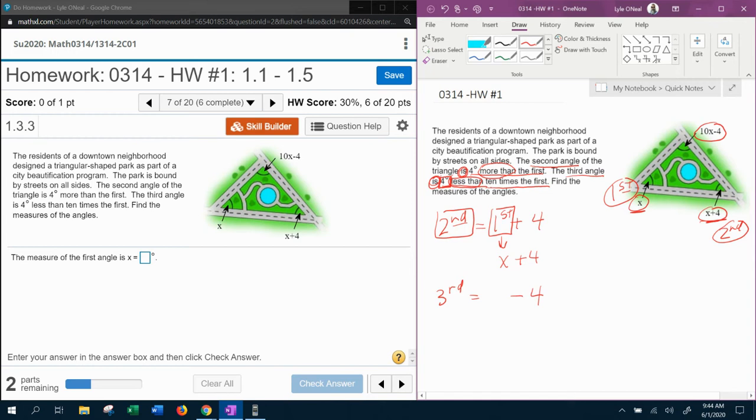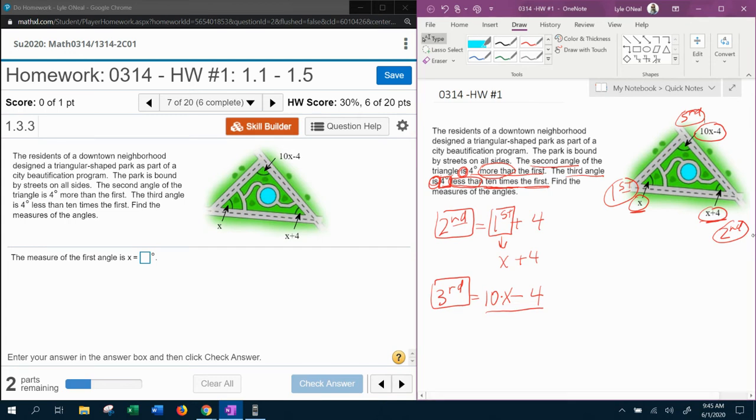In front of the minus is going to be 10 times the first. So that's going to be 10 times the first, and we know the first angle was x. And so that's how they get the third angle to be 10x minus 4. This is the third angle, 10x minus 4. That is how they translate English to math and come up with these expressions.